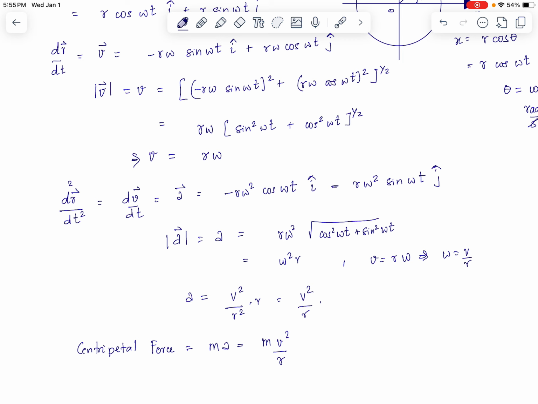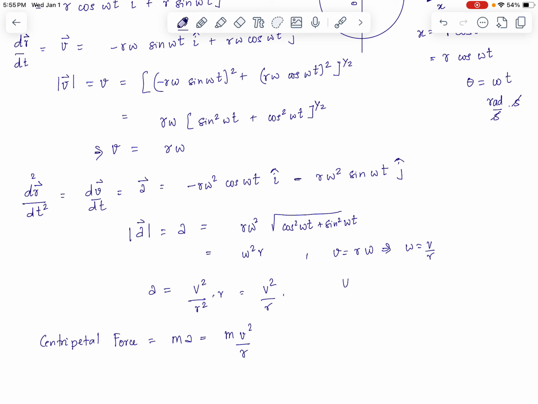The other thing to note is that the linear velocity is r omega, and when the angular velocity is uniform, we can write omega as 2 pi divided by T, where T is the time taken for one complete revolution, and therefore v equals 2 pi r divided by T. Essentially 2 pi r is the circumference of the circle, and T is the time to traverse the circumference one time.